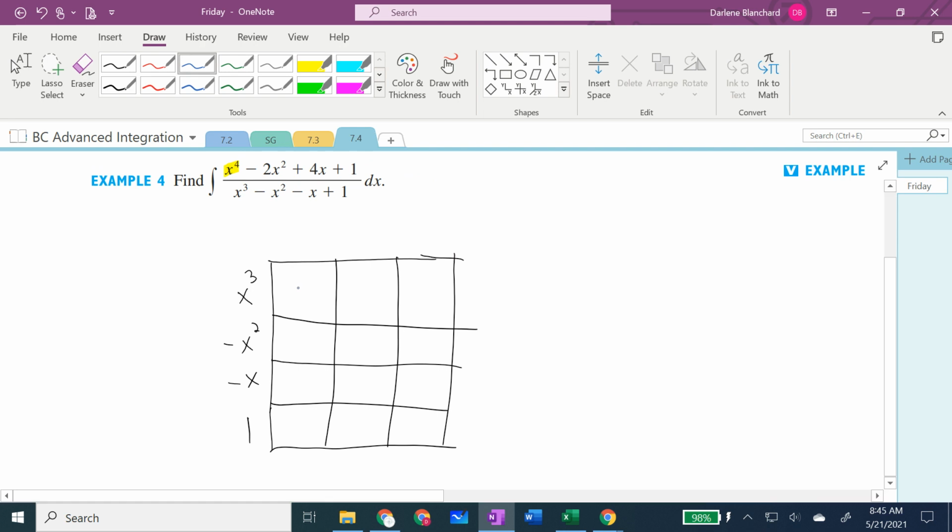And I'm starting with, in the upper left interior box, the leading term. From there, I'm trying to figure out what do I multiply x cubed by to get x to the fourth, and that would be x. Once I have that, I'm ready to multiply x times negative x squared, x times negative x, x times 1.